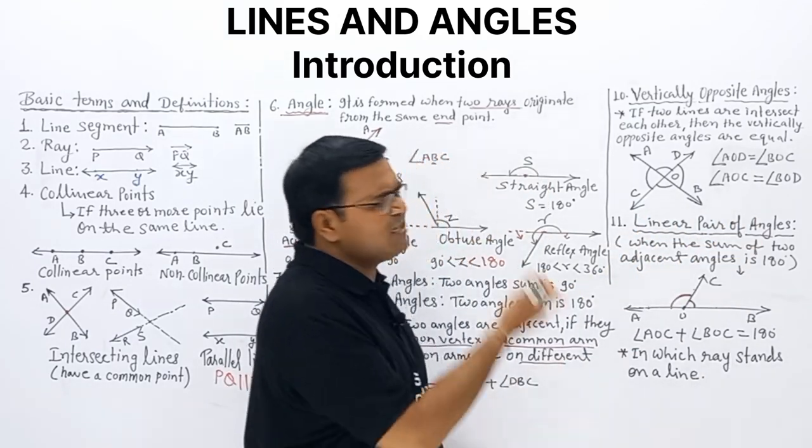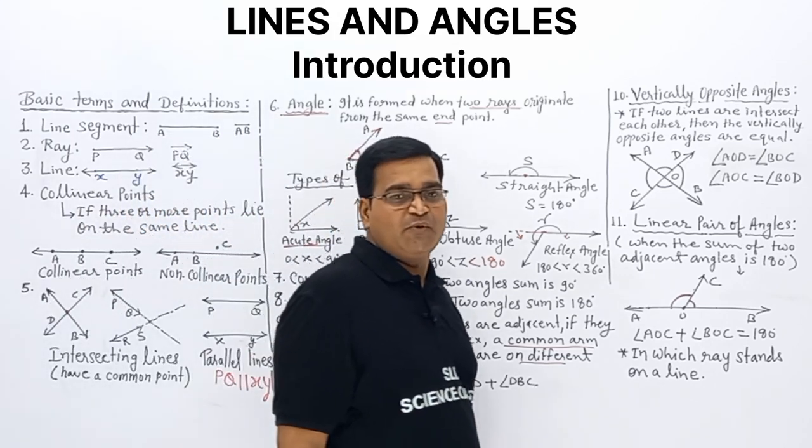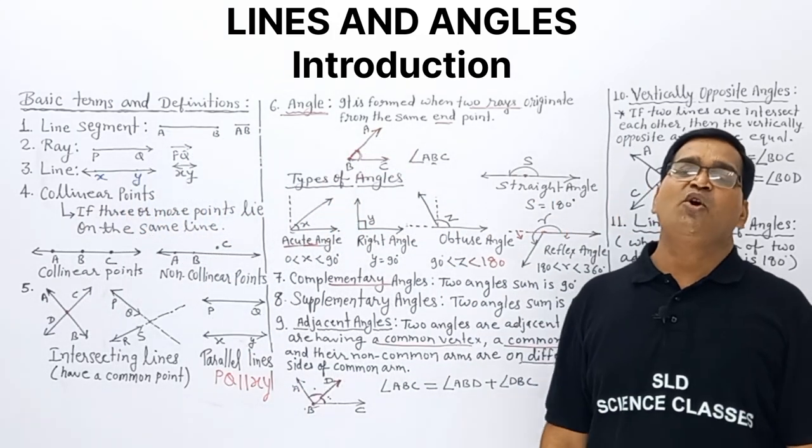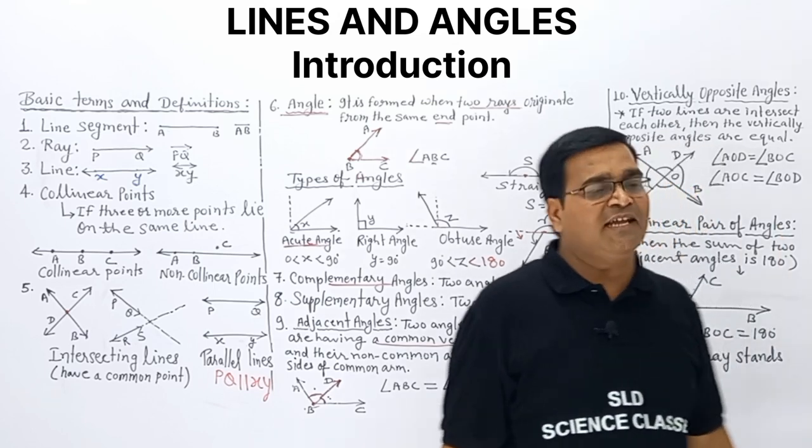Now the last and easy one, vertically opposite angles. When we get vertically opposite angles, it means two lines are intersecting.